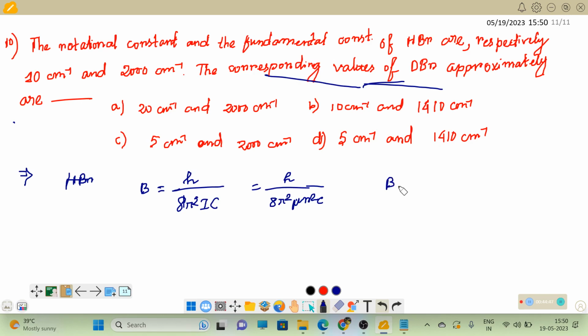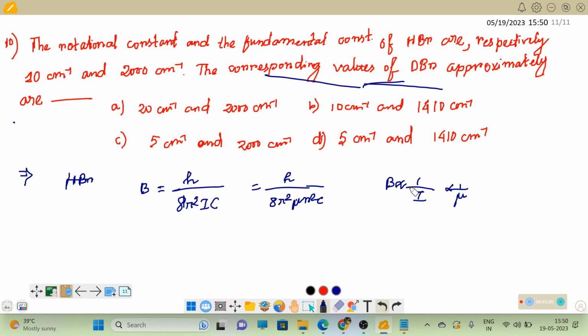So B is inversely proportional to I, that is, inversely proportional to mu. So reduced mass is coming here also; through the reduced mass we understand the thing.